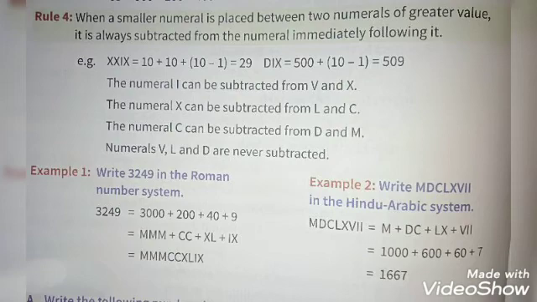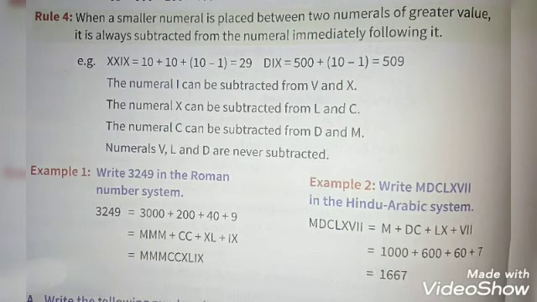Understand, when a smaller numeral is placed in between two numerals of greater value, then it is always subtracted from the numeral which is immediately following it. Let's see it with the example.